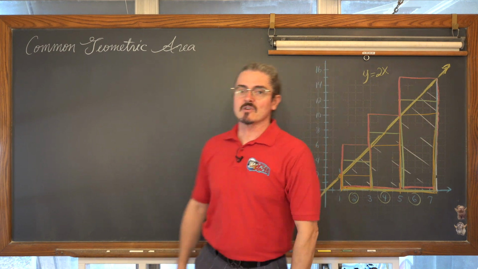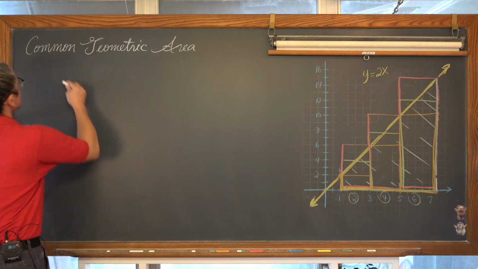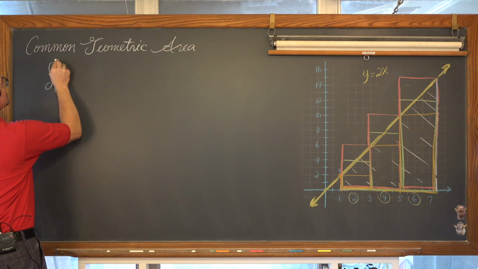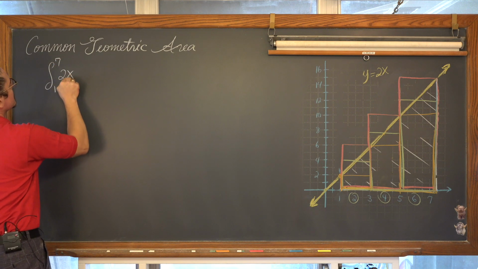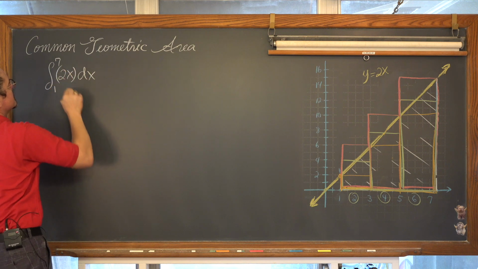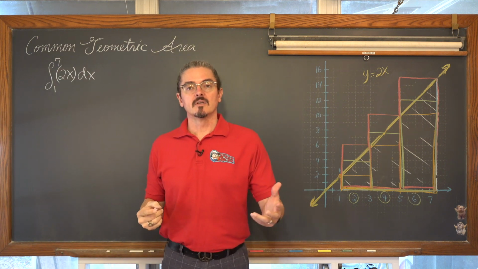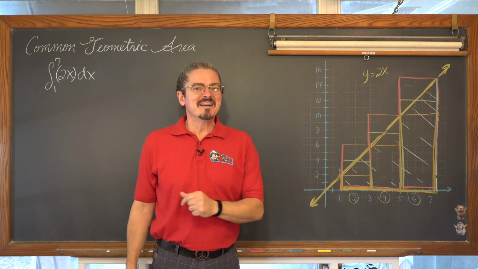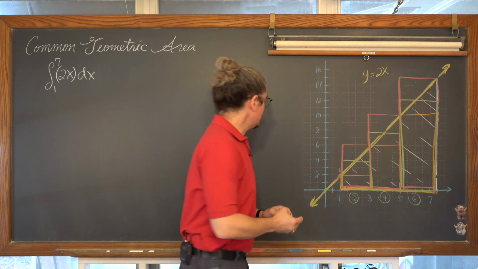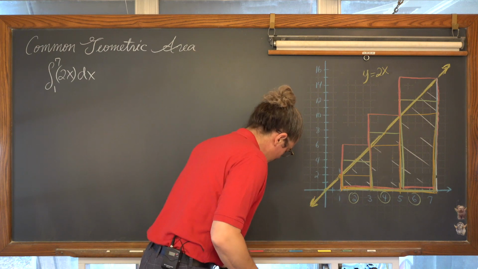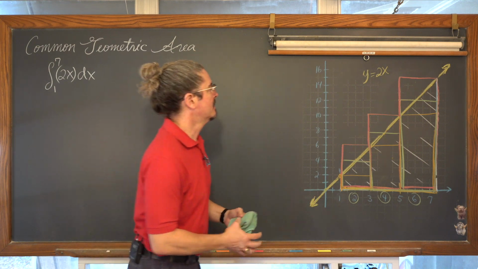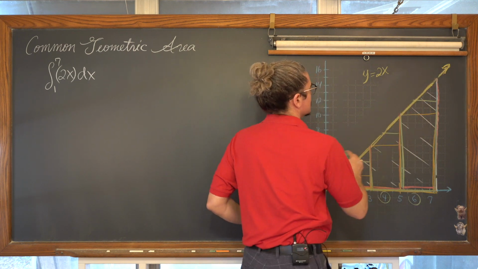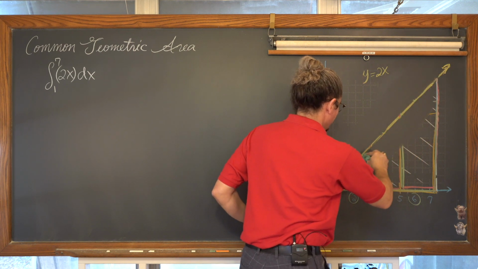So, common geometric region. You're given this problem of evaluating the definite integral from 1 to 7 of 2x dx. Now you can estimate it using a few rectangles or more, but if you go to evaluate a definite integral, you are expected and encouraged, if not required, to do so.